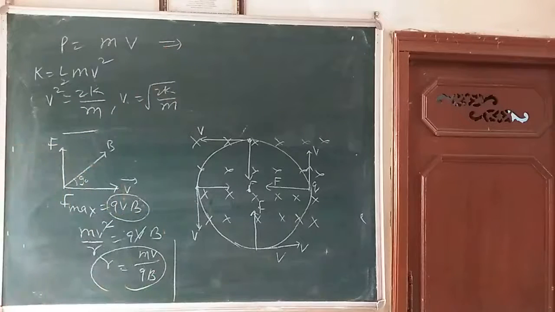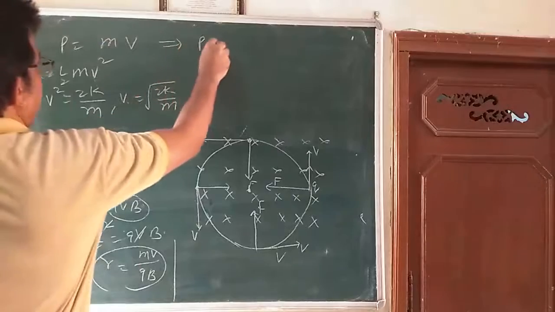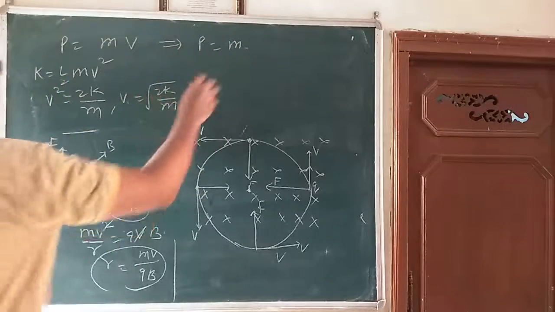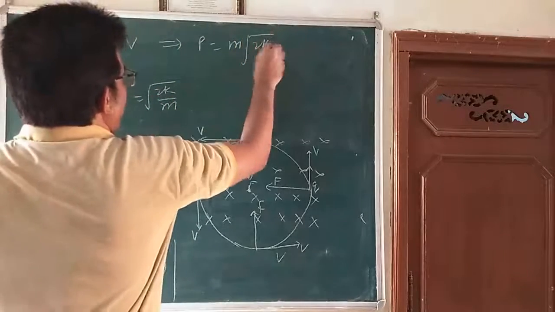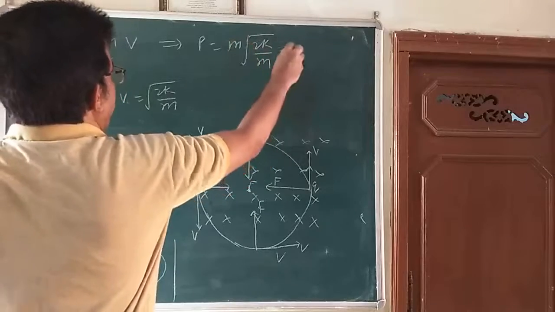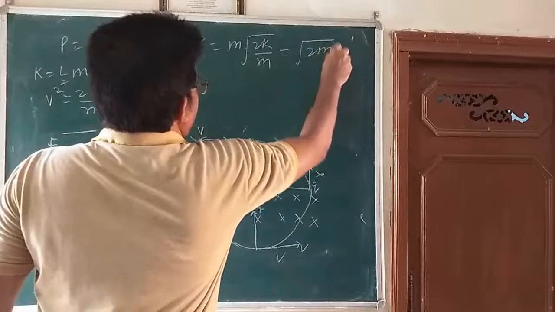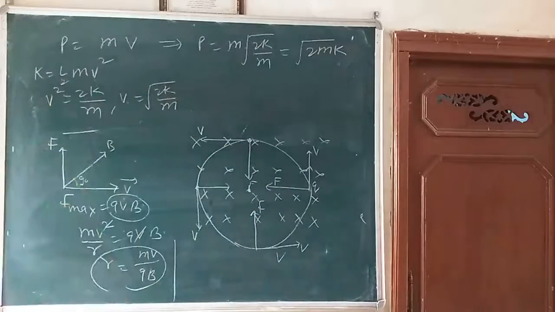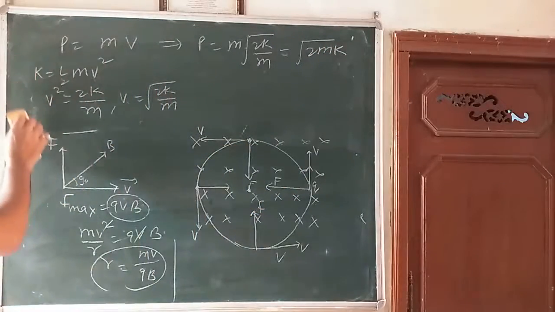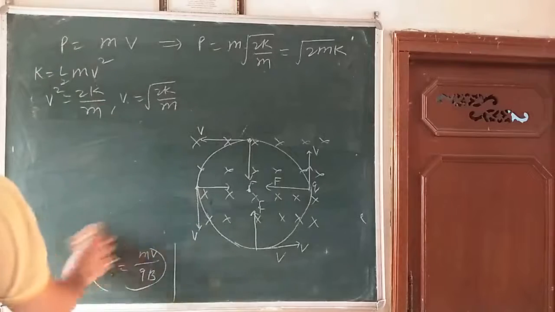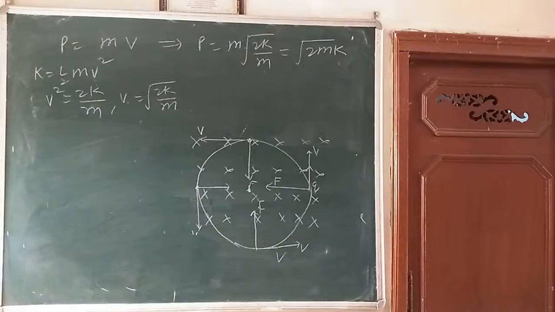If we write p is equal to m into v, put in under root of 2K by m. m cancels with m, so we get under root of twice of mK. This is the momentum: p is equal to under root of 2mK.